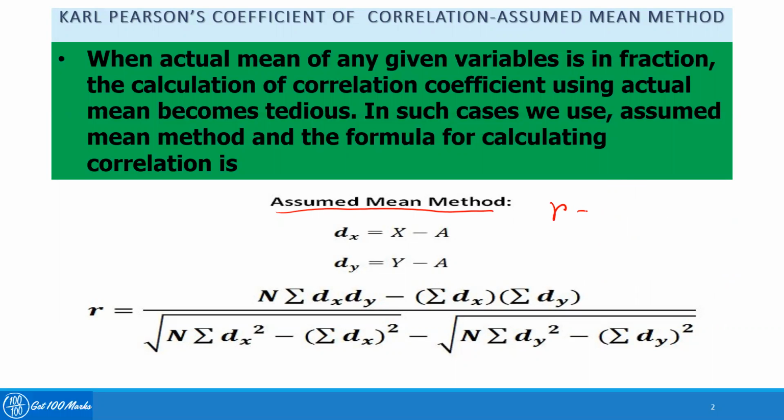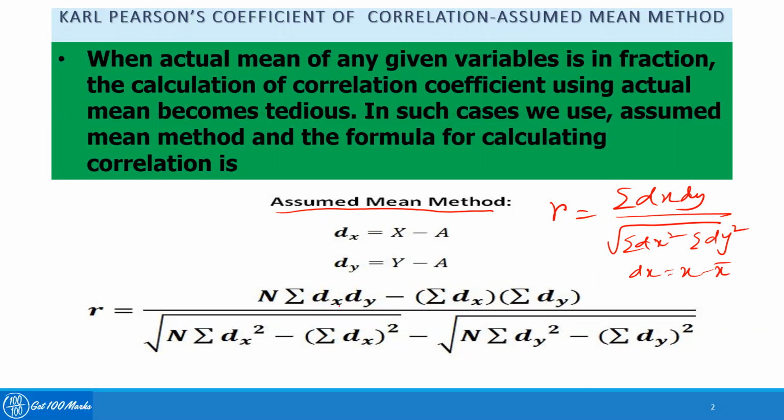Normally, our formula for the correlation coefficient r is equal to summation dx dy divided by the square root of summation dx square into summation dy square, where dx is equal to x minus x bar. But for this type of assumed mean, this formula will be slightly changed.